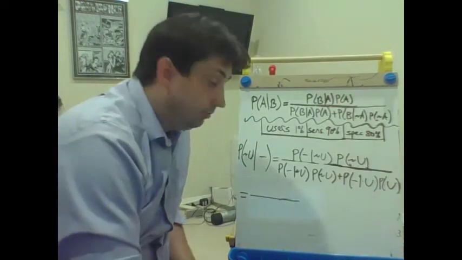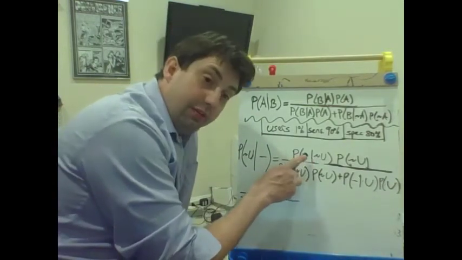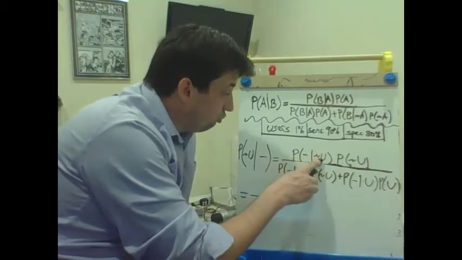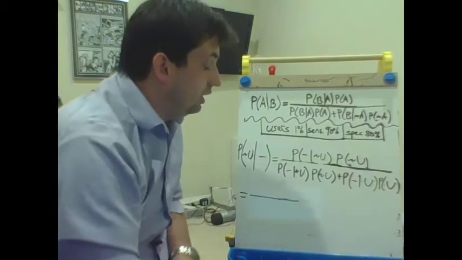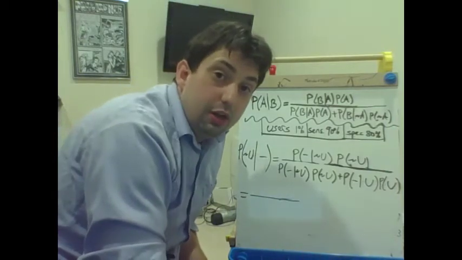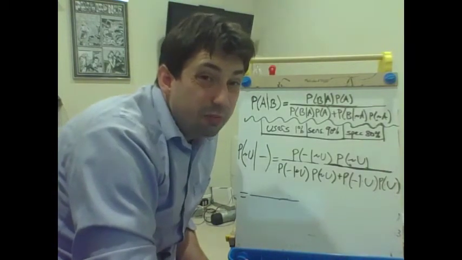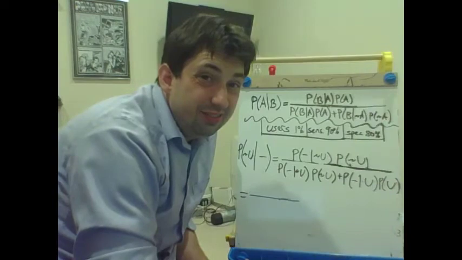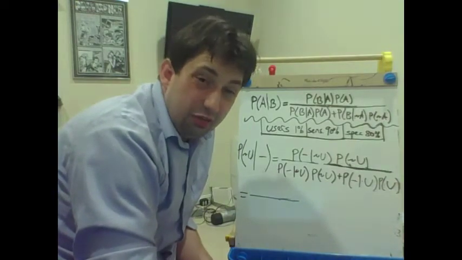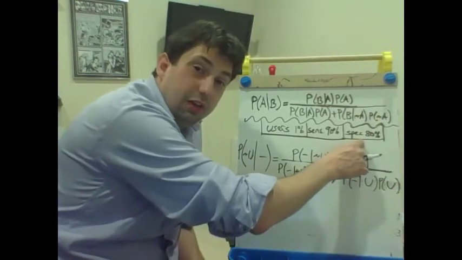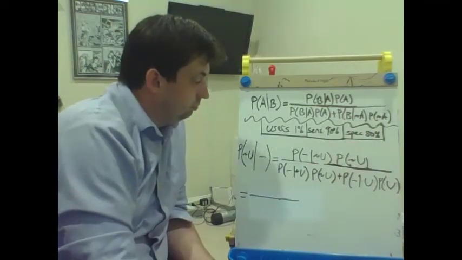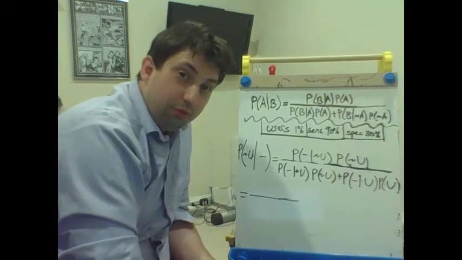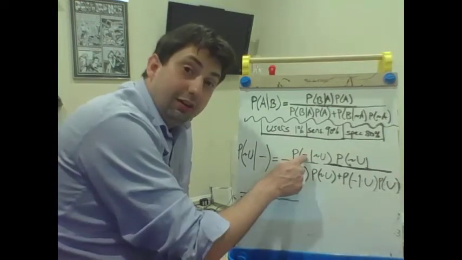Okay, now let's throw in the numbers. What is the probability of someone getting a negative test result, assuming that they're not a user of drugs? Well, we're assuming they're not a user. Is that sensitivity or specificity? That's right, specificity. And is the test right or wrong? Absolutely, the test is correct.